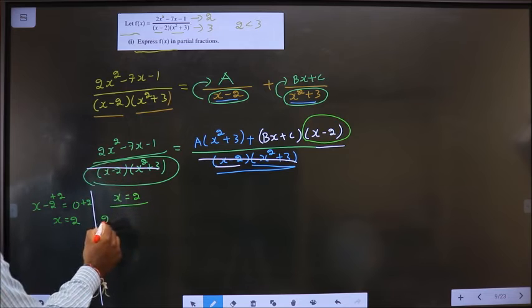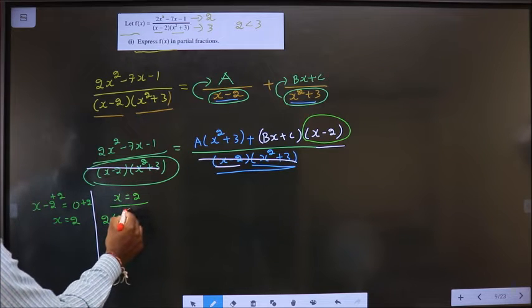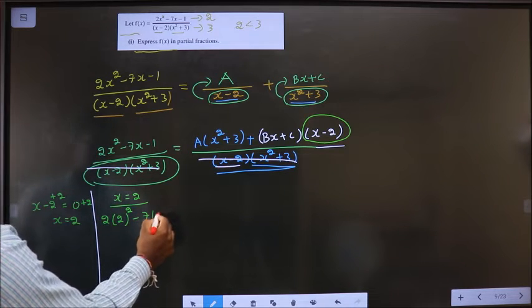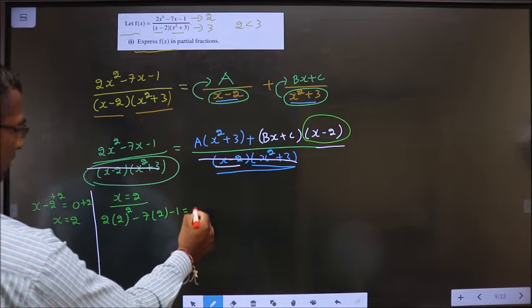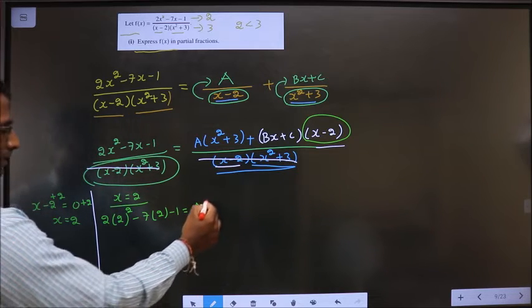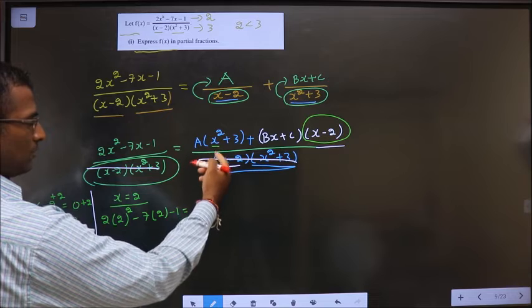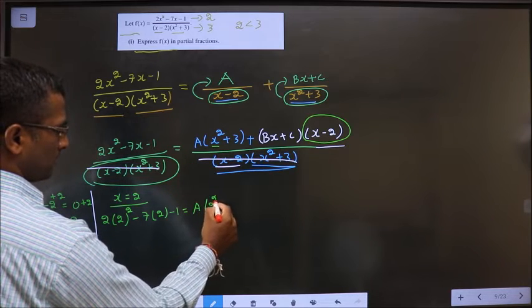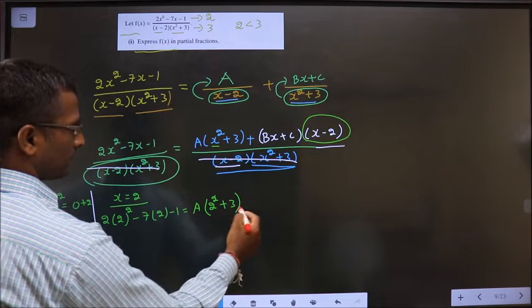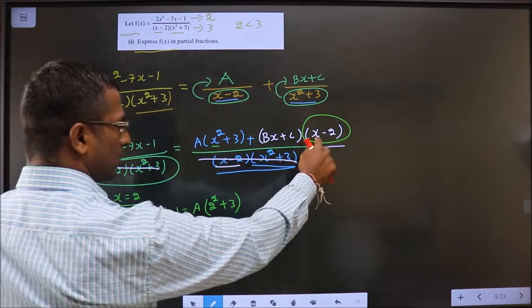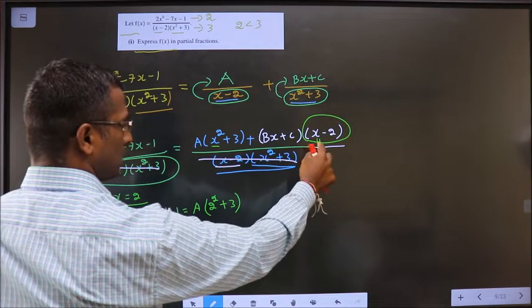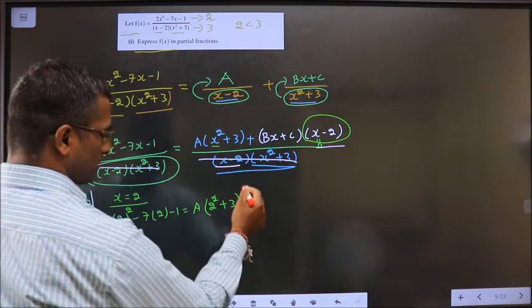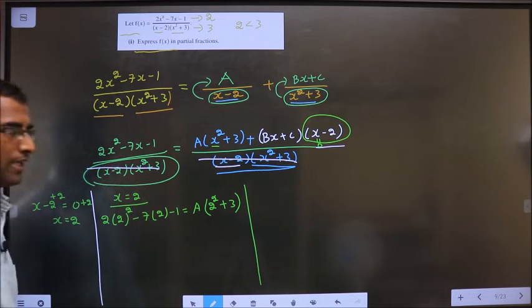So here I get 2 times 2 square minus 7 times 2 minus 1 is equal to a times, replace x by 2, so 2 square plus 3. Here when I take x equal to 2, this is 0. 0 into anything is gone, so you don't need to write that.